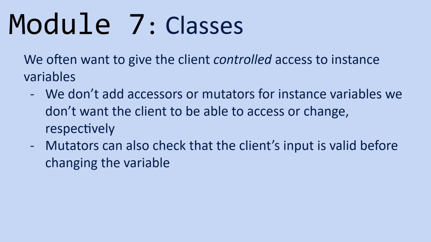Let's say hypothetically we have a video game character and some other class might be able to edit the character's location, but if some other class tried to give the character an invalid position, our mutator checks that, and if it's provided with an invalid position, it won't change the character's position, because we don't want the character to have an invalid position.